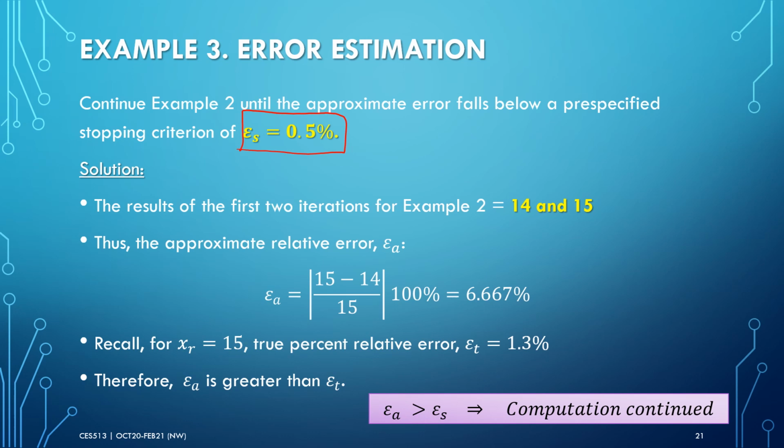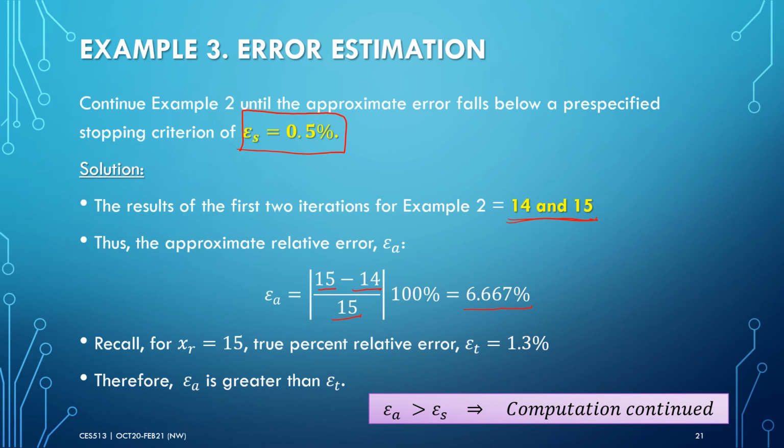For the solution, remember that the results of the first two iterations for example 2 are 14 and 15. So the approximate relative error epsilon a equals the new estimation minus the old estimation divided by the new estimation, then we get 6.667%.